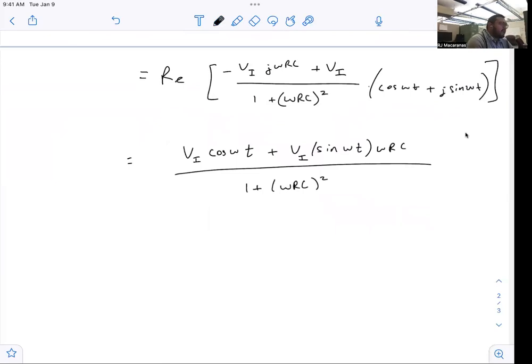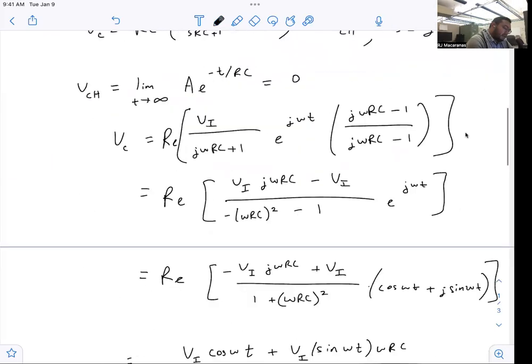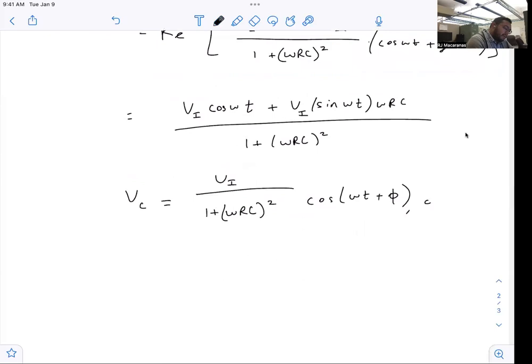All right, so what this boils down to is our VC is now VI over 1 plus omega RC squared times this. We actually have a cosine, so this gives us a cosine with some phase shift due to some trig property, where this phase shift is given by the tangent inverse of negative omega RC.